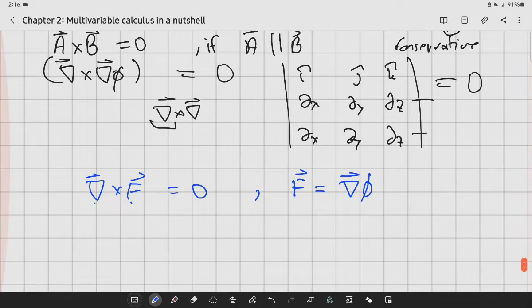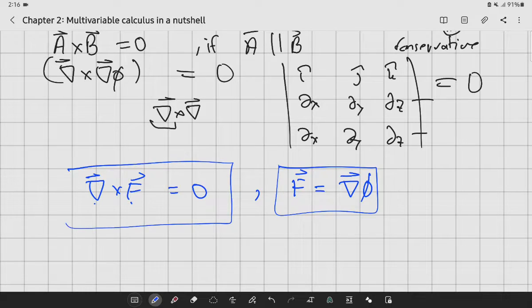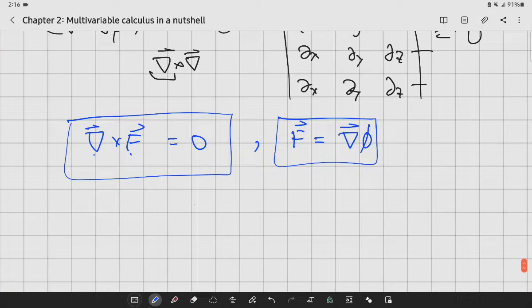So if I find that the curl of f is 0, then f is some gradient function. This is equivalent to saying f dot dr equals d phi.